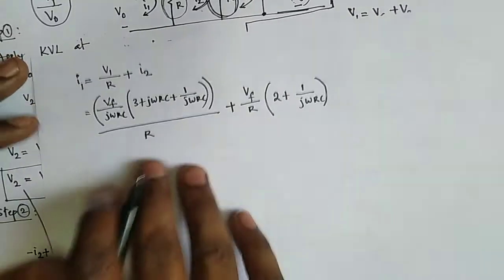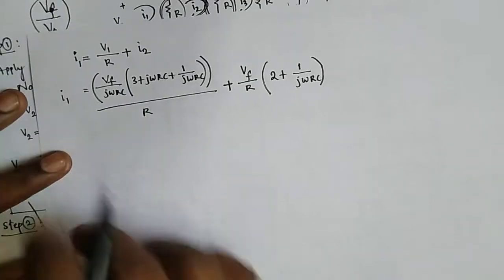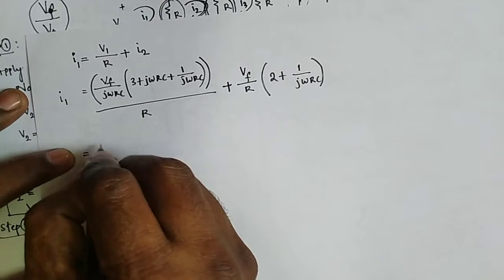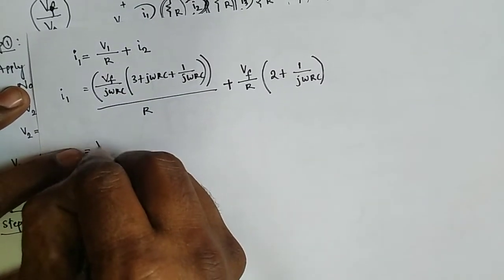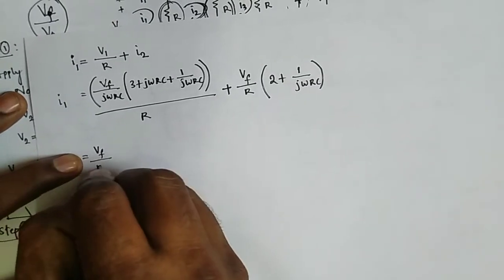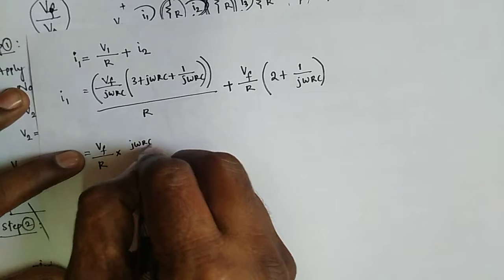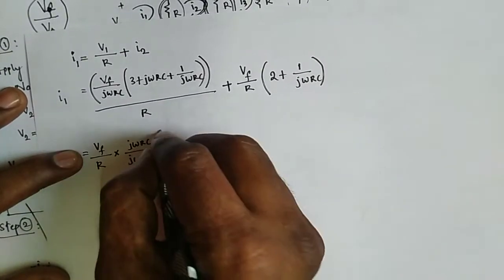So this is the function of I1. Here j omega RC is common, so for cancellation, Vf by R into j omega RC is common.